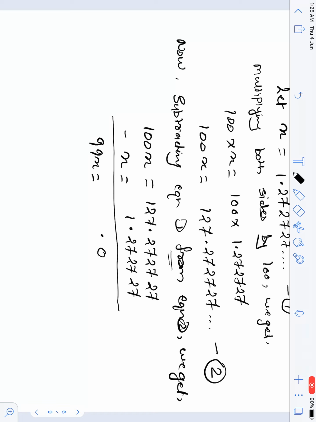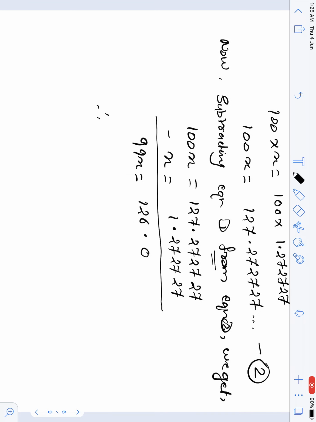Next, 127 minus 1 will be 126. So therefore you will get x equals 126 upon 99.